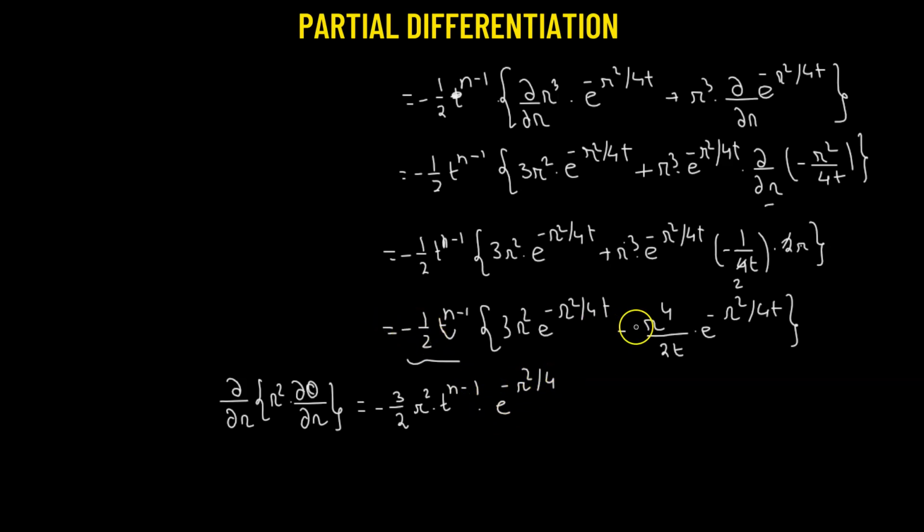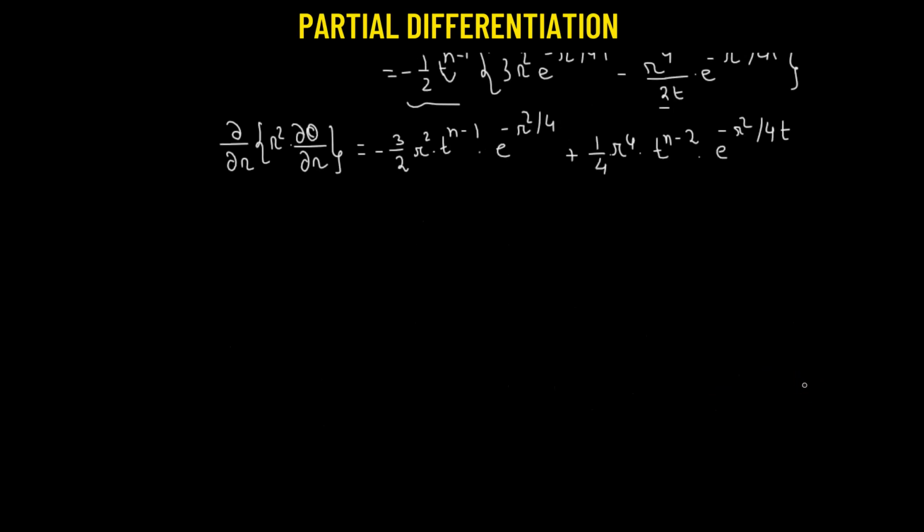So negative half and negative half we also have here. So this will become positive, but we have 1 over 4 times r raised to the power of 4 times t raised to the power of n minus 1 divided by t. So that means we have t raised to the power of n minus 2. So simply we have taken t to the numerator and combined it with t raised to the power of n minus 1 using the law of indices. This will get multiplied to e raised to the power of negative r squared over 4t.